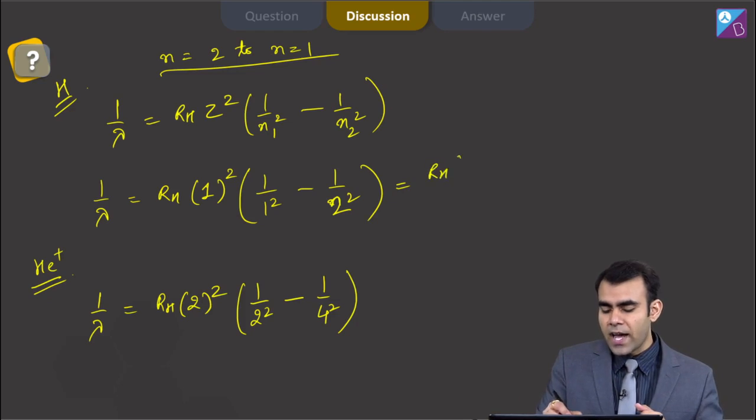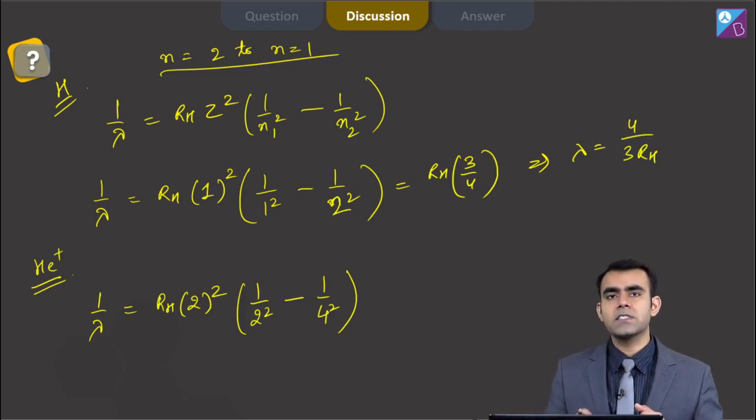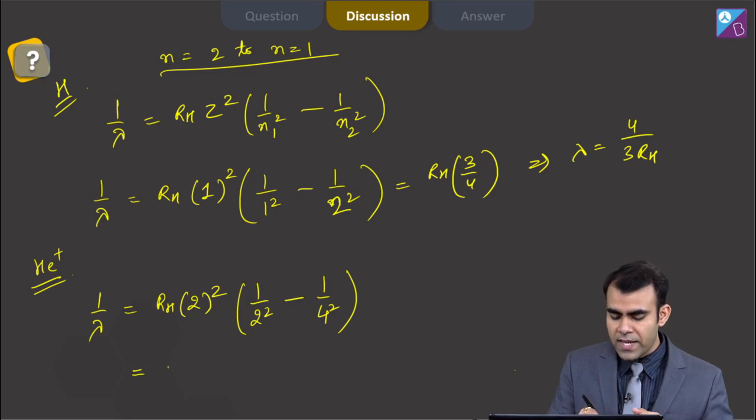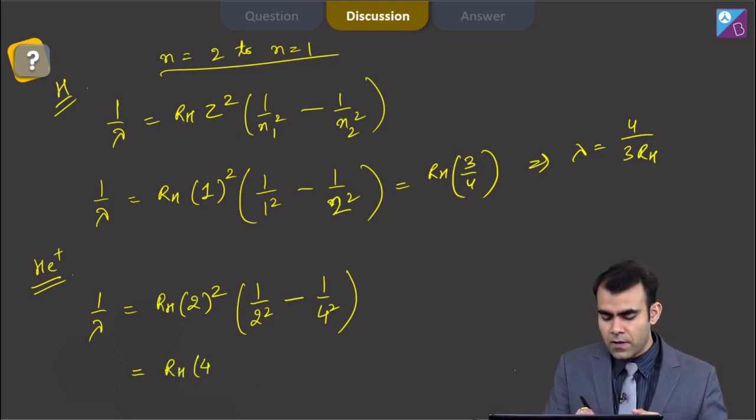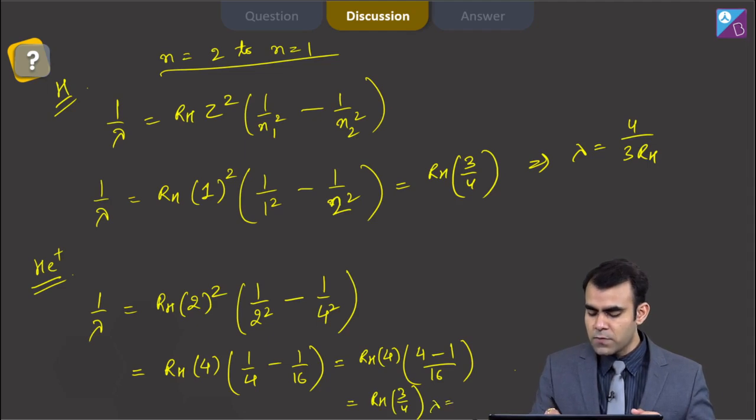So this is RH 4 into 1 by 4 minus 1 by 16, which is RH 4 into 4 minus 1 divided by 16, or RH 3 by 4, so lambda is 4 upon 3 RH, where RH is the Rydberg constant.